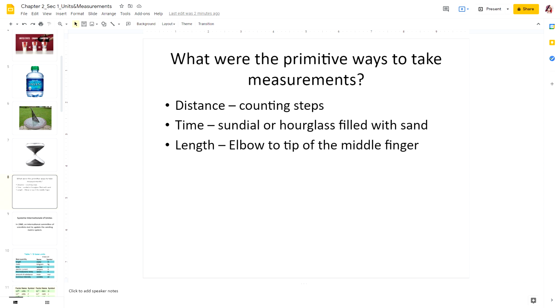There would be some arms that would be longer than others. So when you say let's measure the length of this cloth using the tip of the middle finger to the elbow, then it will vary from person to person.